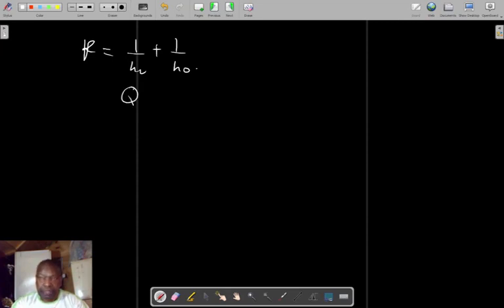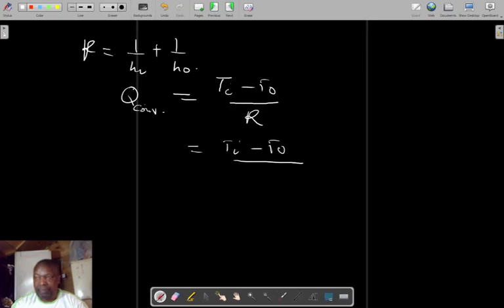And now the heat flow Q, since the resistance to heat flow by conduction is 0, we can say this reduces to a convective heat transfer problem, only Q convection, and this will be given by the temperature difference between the inside and the outside divided by the total resistance R, which is equal to Ti minus To divided by 1 over hi plus 1 over ho.